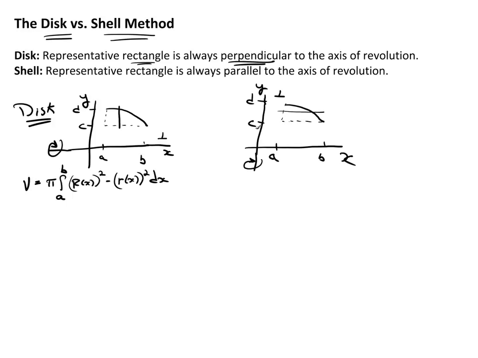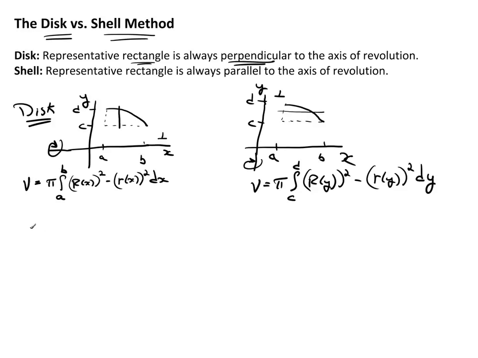Here, I'll be going from C to D, so the volume is going to be pi times the integral from C to D of this outer radius, which will be a function of y, R of y squared minus little r of y squared dy.